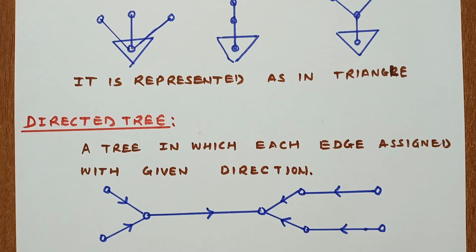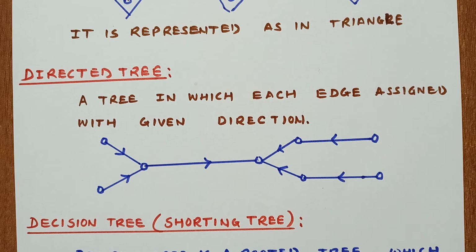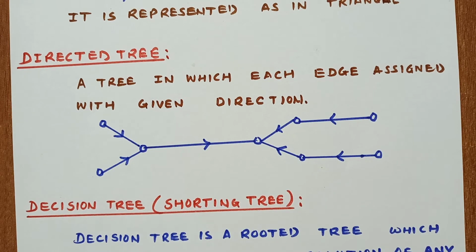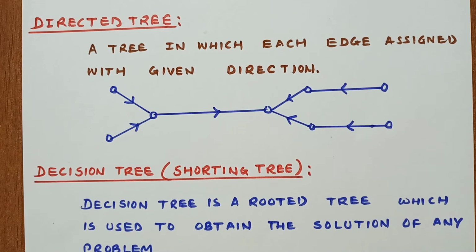Now sorting tree. What is a sorting tree? A sorting tree is also called a decision tree. The definition: a decision tree is a rooted tree which is used to obtain the solution of any problem. Very important.